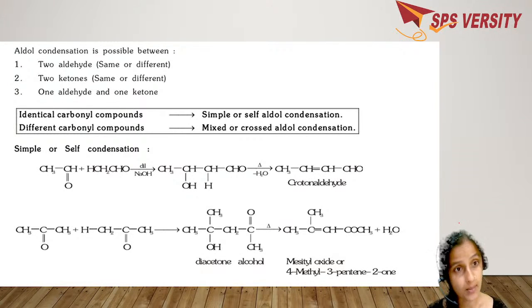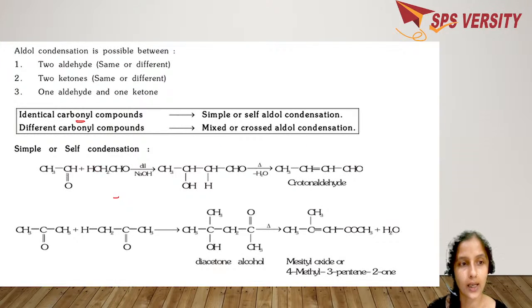These ketones can be similar or different, and it can also happen between one aldehyde and one ketone, but the condition is all of them should possess the alpha hydrogen. If both aldehydes involved in the aldol condensation are of the same type, then it is a simple or self aldol condensation. And if you have different aldehydes or different ketones, or a mixture of aldehyde and ketone, then it is called a mixed or crossed aldol condensation.